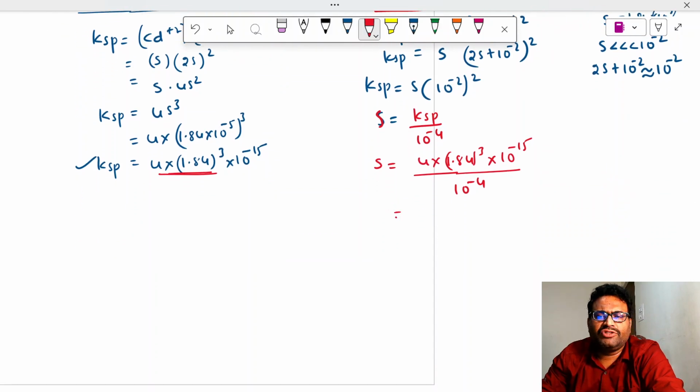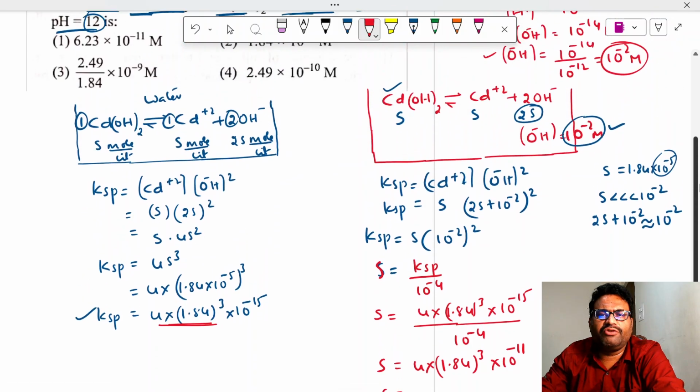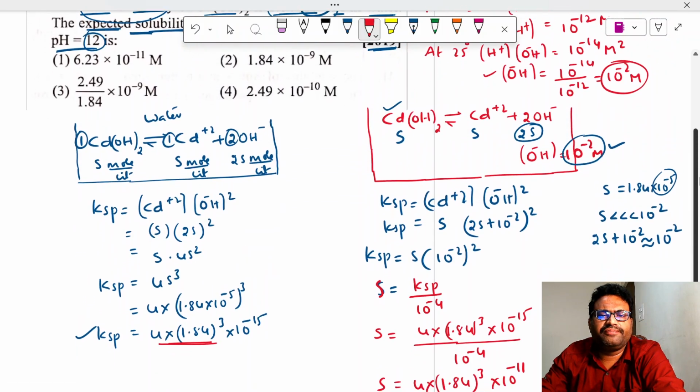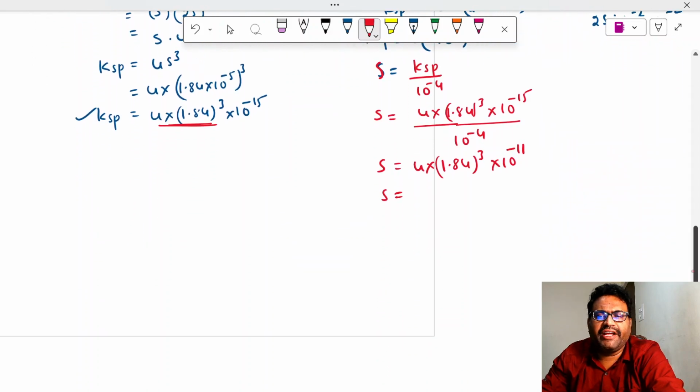That gives 4 into 1.84 whole cube into 10 power minus 11. If you multiply, you get 24.9 into 10 power minus 11 molar. This can be written as 2.49 into 10 power minus 10 molar.